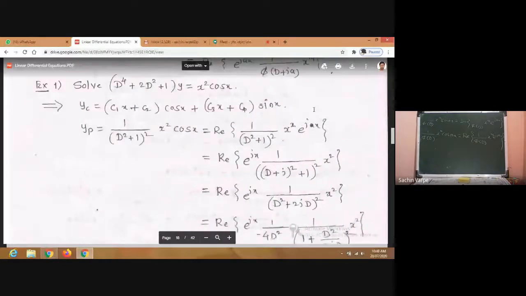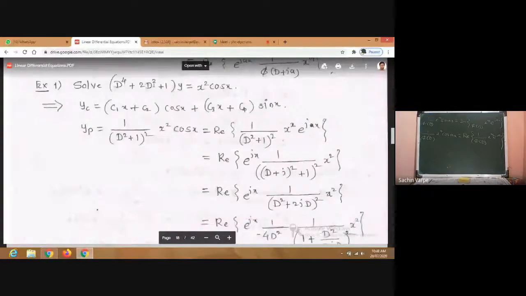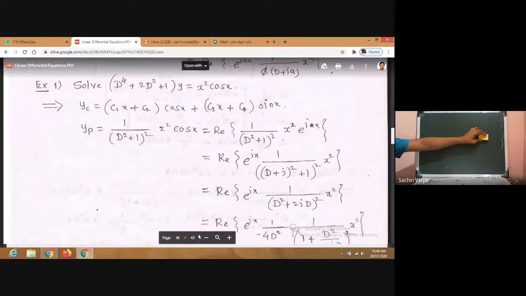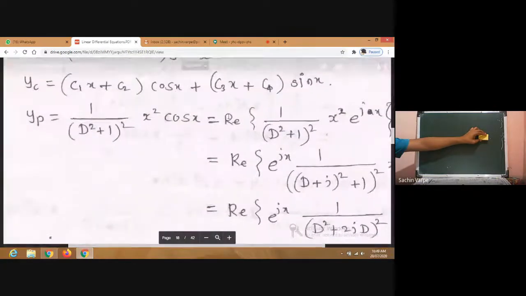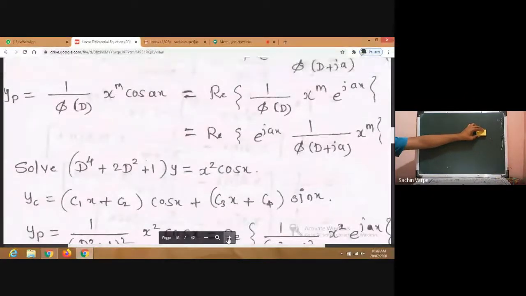So let us take this example. Write down, solve D raised to 4 plus 2D square plus 1 into y is equal to x square cos x. I hope this is visible.